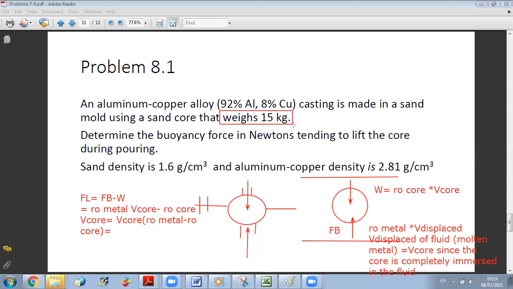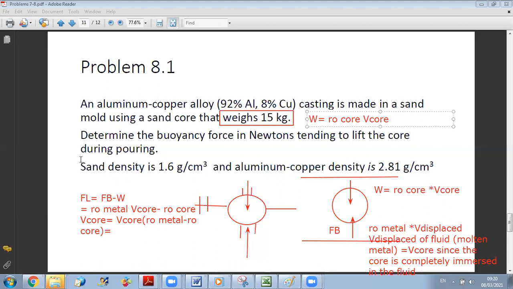The weight of the core is 15 kilograms. So this corresponds to W equal to rho of the core times its volume. Yes, exactly, it's the weight of the core: rho of the core times volume of the core.